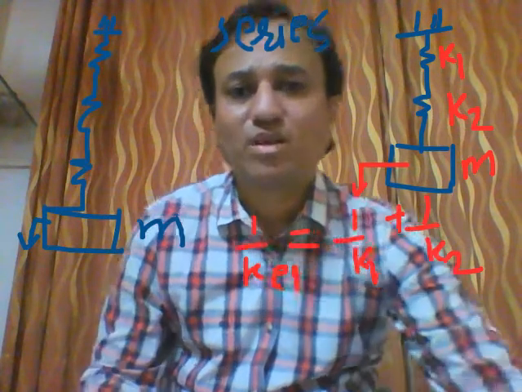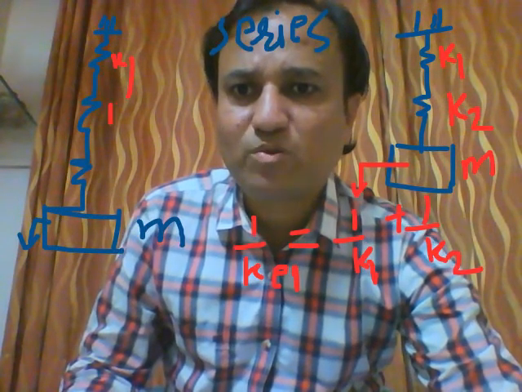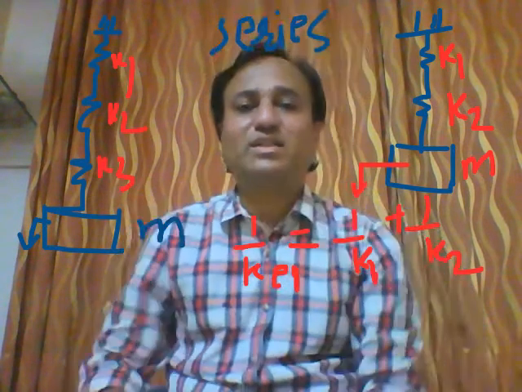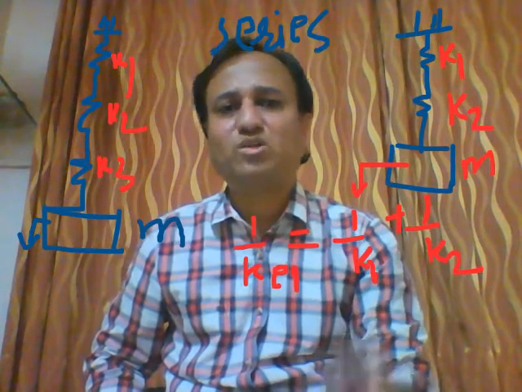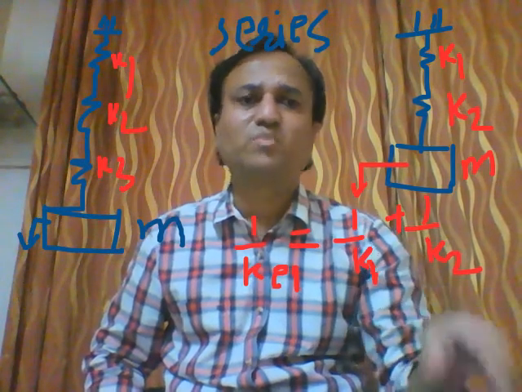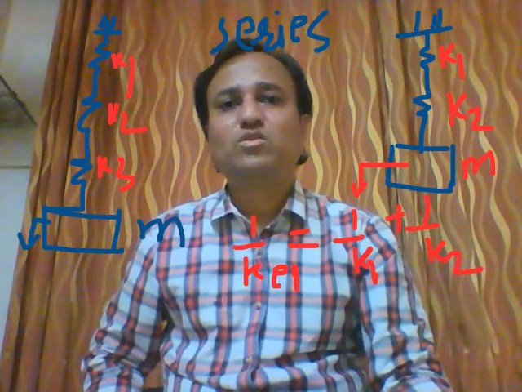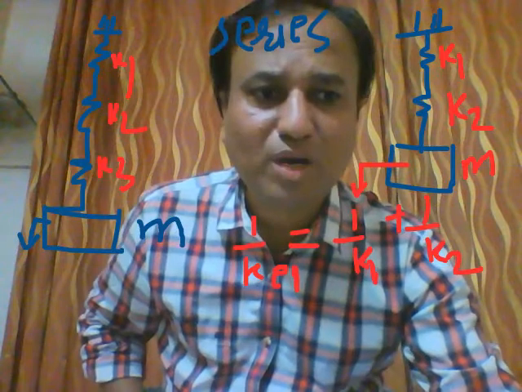So for K1, K2, K3, three springs in series, the series combination we are discussing first, 1 by K equivalent is equal to 1 upon K1 plus 1 upon K2 plus 1 by K3 and so on. Now how to calculate the equivalent stiffness of springs for parallel combination we will discuss, students.